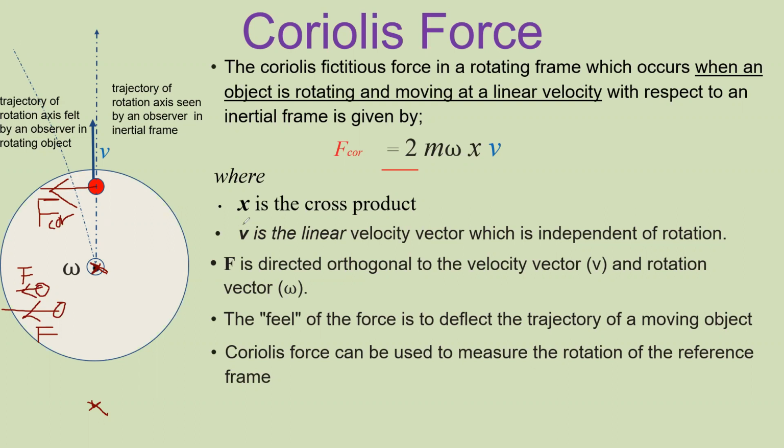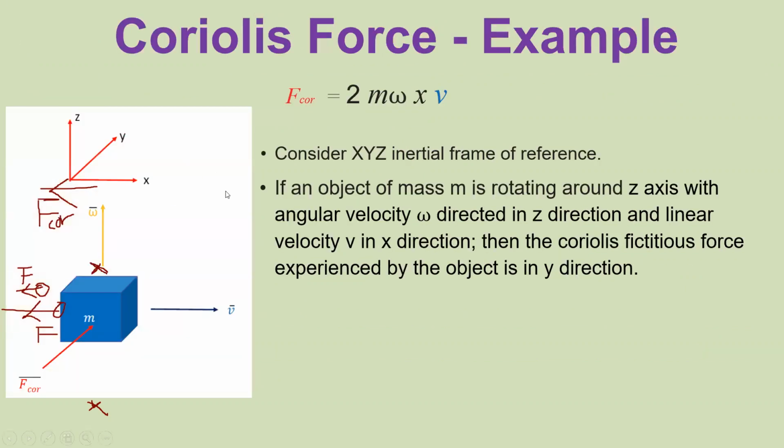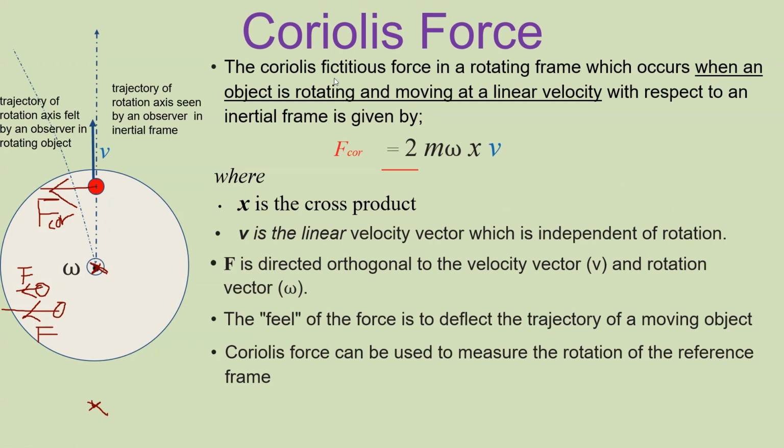So the effect of this force is to deflect the trajectory of the moving object. If an object is moving and rotating at the same time, there will be a fictitious force called the Coriolis force acting on it, given by this one.